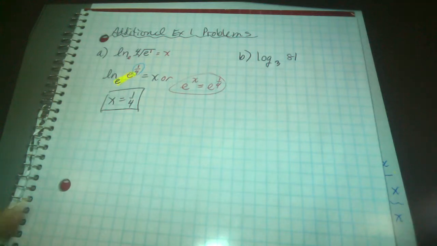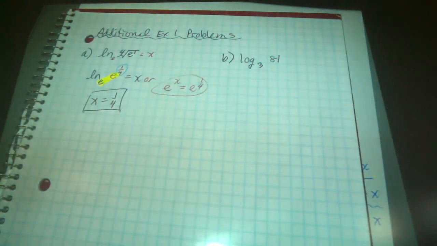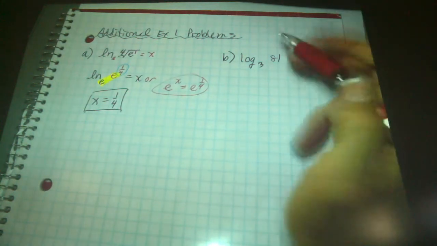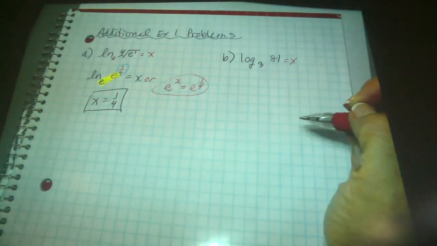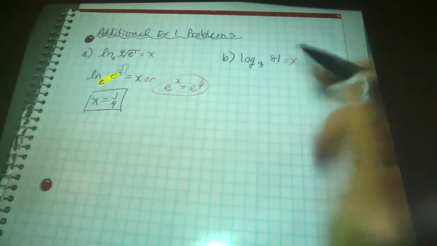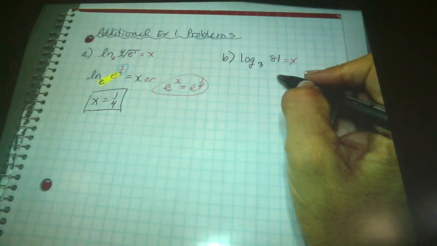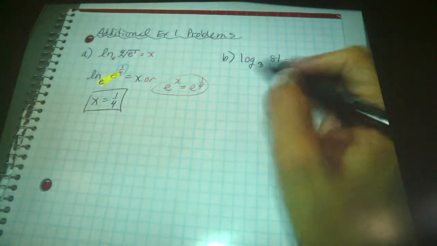So again, there are two ways to approach this one. Here's way 1. Set it equal to x, and then put it into exponential form. So what's its exponential form? What's the base?